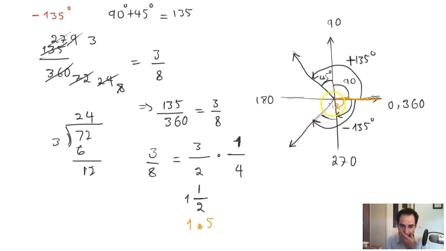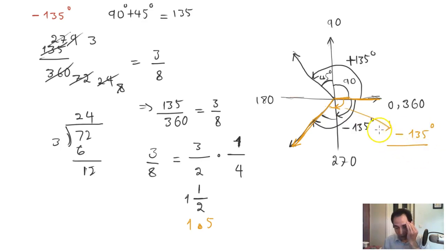So you're adding 45 degrees to this angle, and then 45 degrees is this angle, and so you will end up right here. And so this becomes negative 135 degrees.